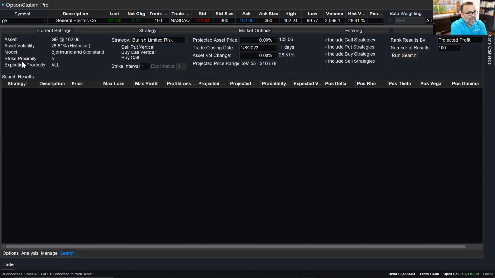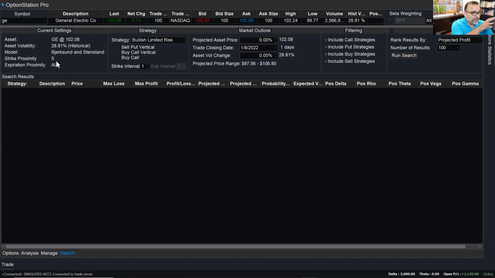Strike proximity 5 and expiration all. We can change that if we want to. In fact, let me increase the strike proximity. Strike proximity is how many strikes above and below the current trading price you search for.